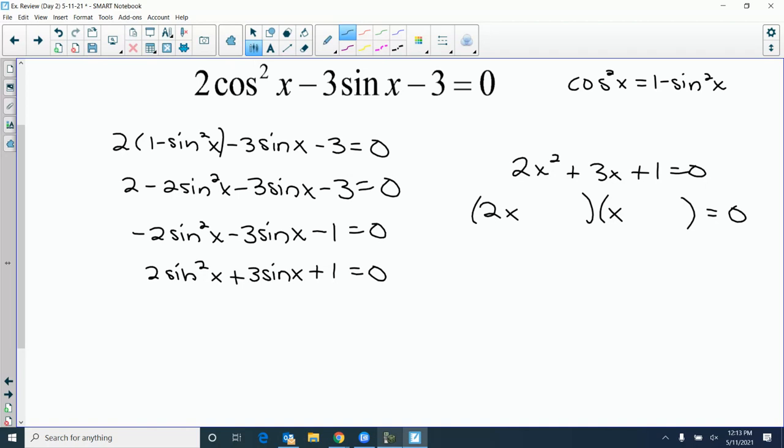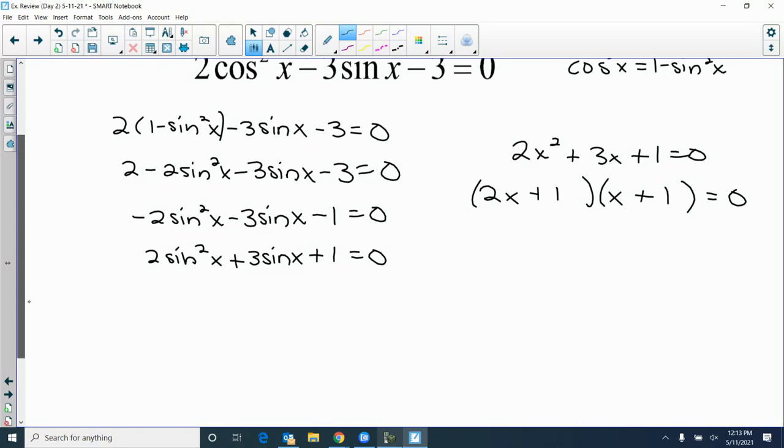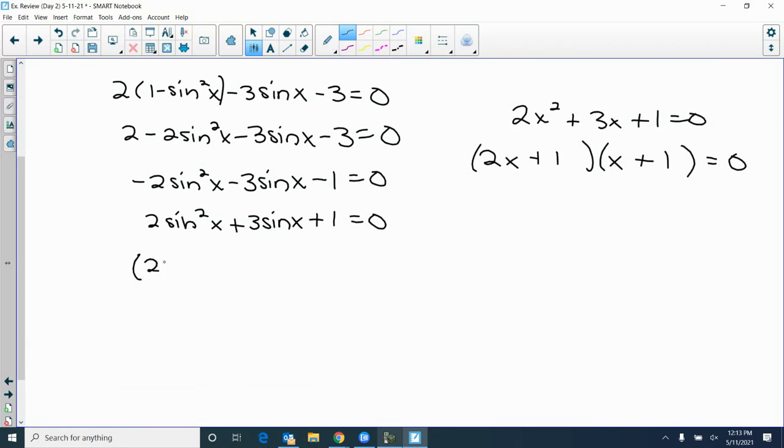You only got one option. Both sides have to be positive. It's got to be a plus 1 and a plus 1. Just make sure when you FOIL it back together, it gives you the original. Now remember, instead of x, I got to go back and put in the sine of x. So that's going to be 2 sine of x plus 1 times sine of x plus 1 equals 0.